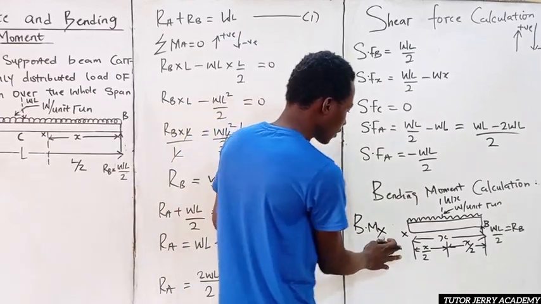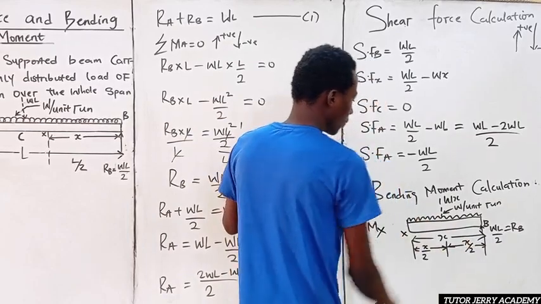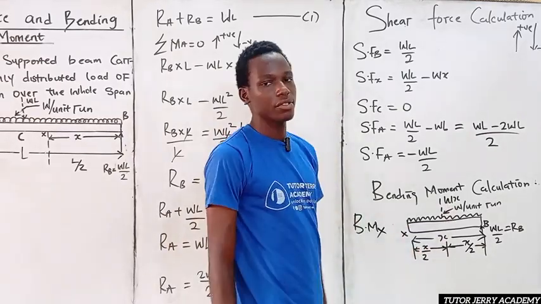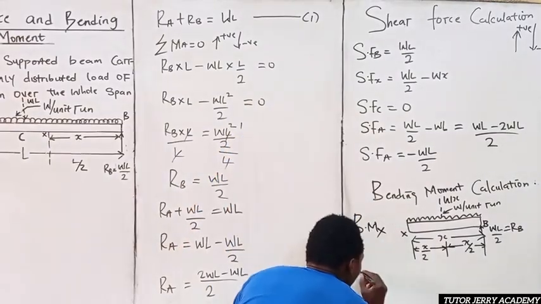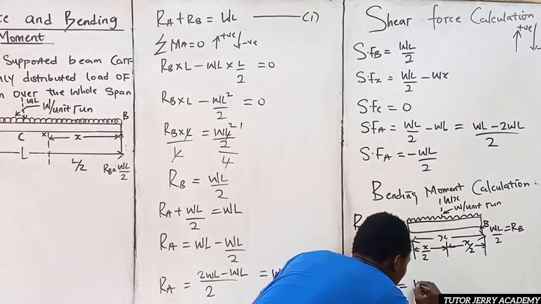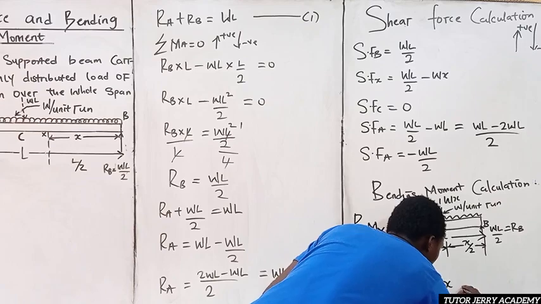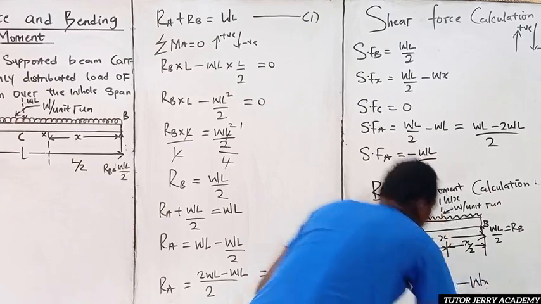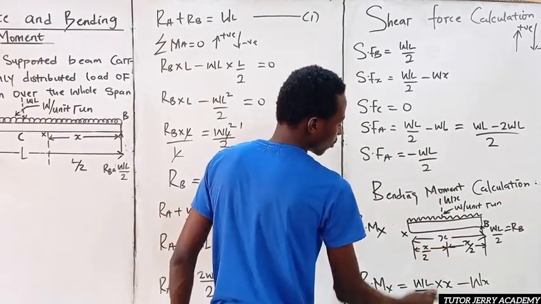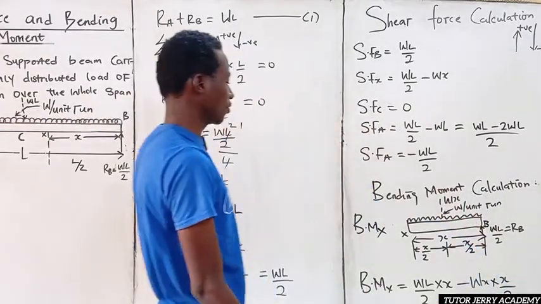So to find the bending moment at point X, it will be WL all over 2 multiplied by X, minus WX, which is our point load, multiplied by the perpendicular distance, which is X all over 2.